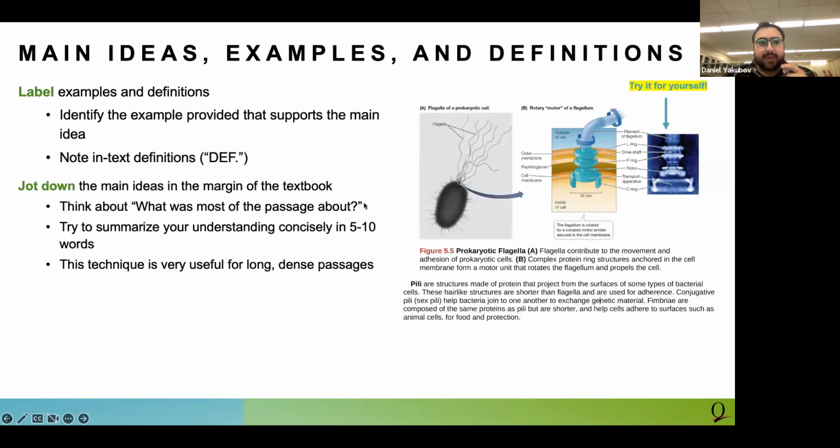Now, sometimes whenever you're reading a passage, the textbook does this awesome thing where it gives you the actual definition of the word. So in this case, we're looking for pili. So here is the definition of what a pilus is, all right? In this case, it's a protein that is projecting from a surface of a cell, typically found on bacterial cells, okay?